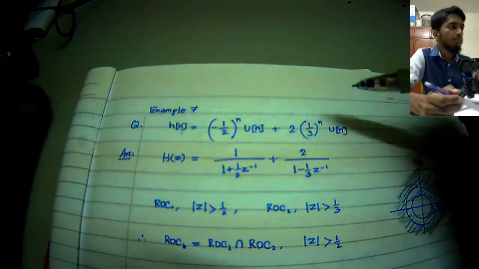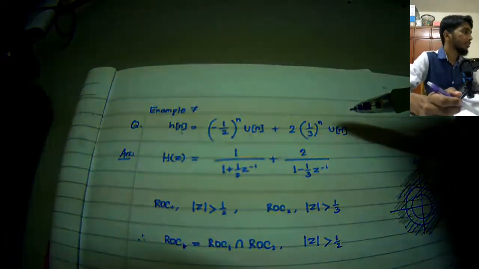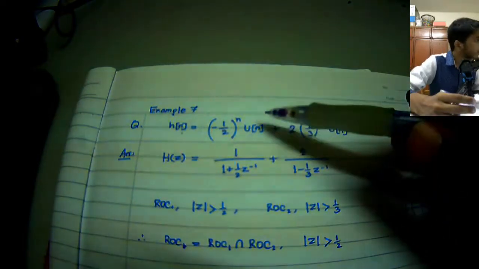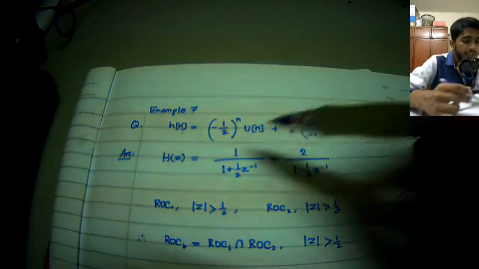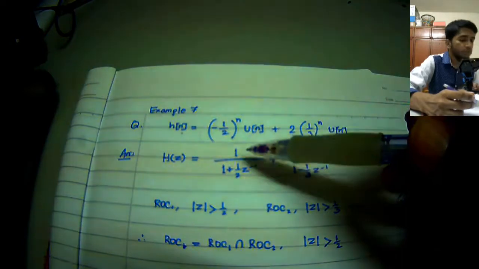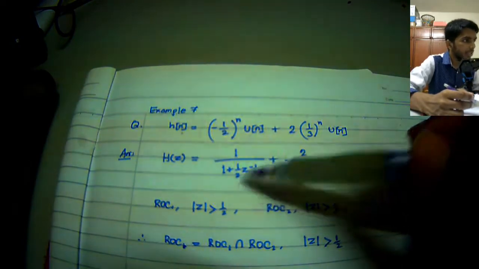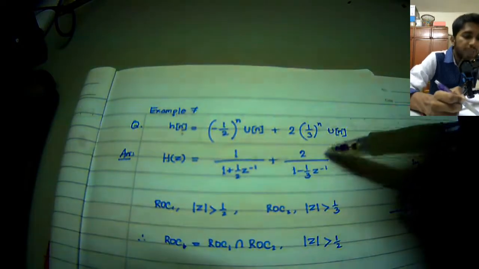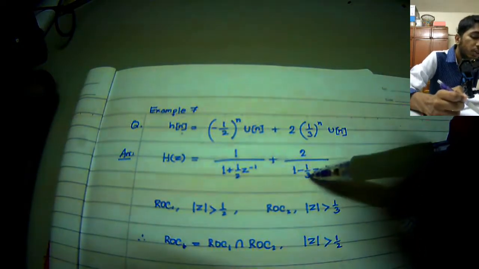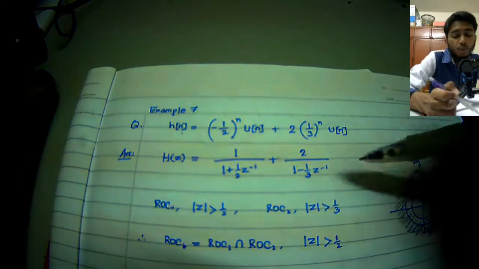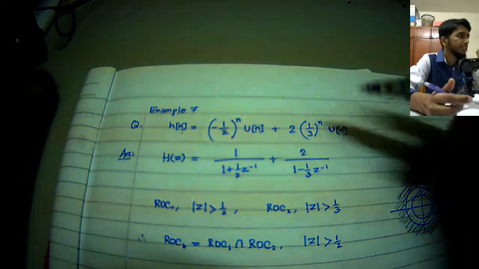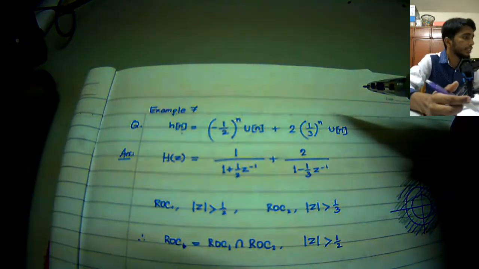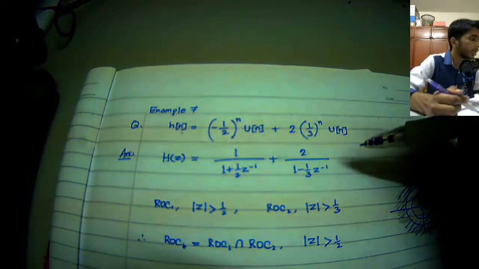Going back to our table, we can see this will give us H(z) equals 1 over this plus 2 divided by 1 minus 1 over 3 z to the power minus 1. You just take it from the table and you're done. There's nothing to be worried about for this kind of question.